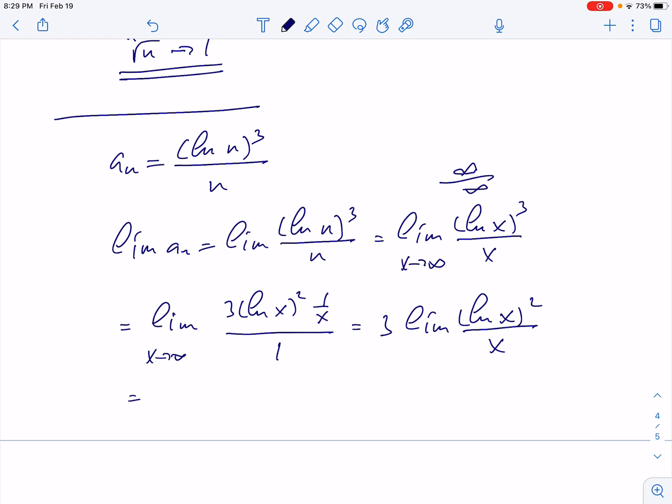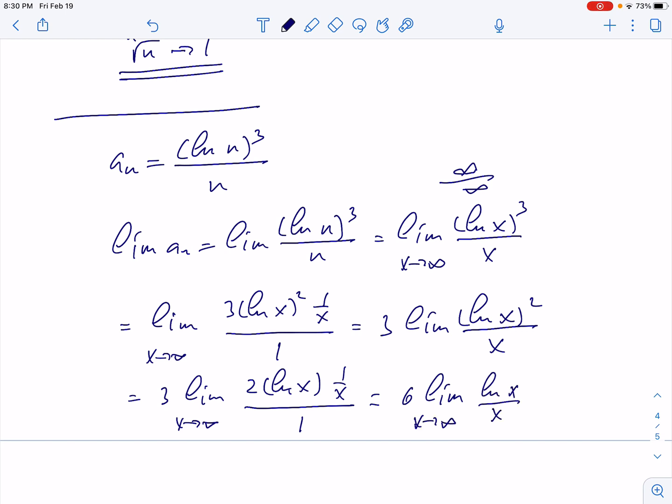Again, we differentiate. 3 times the limit, the derivative on top will be 2 times natural log of x times 1 over x, divided by 1, sorry, the derivative of x is 1. So bringing 2 outside, this will be 6 times the limit of natural log x over x, as x grows to infinity. You can foresee what happens next.